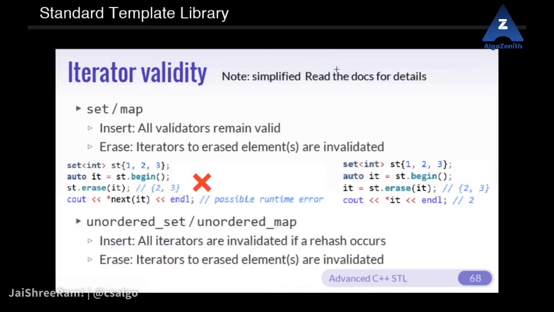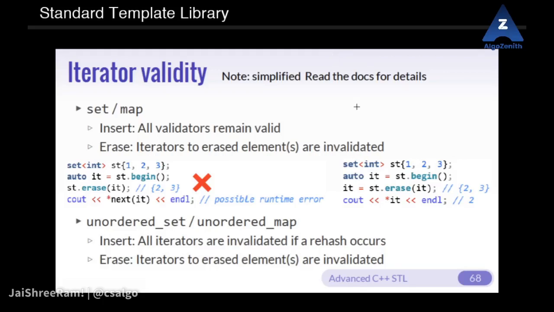Now let's talk about a topic called iterator validity. We have been using a lot of iterators, right? st.begin, st.end, you define auto it equal to some iterator and then do plus plus, minus minus and all these things. In set and map, when you insert a new element, every iterator that you have is still intact. If you erase some element, the iterator to the erased element will get invalidated, everything else will remain intact.